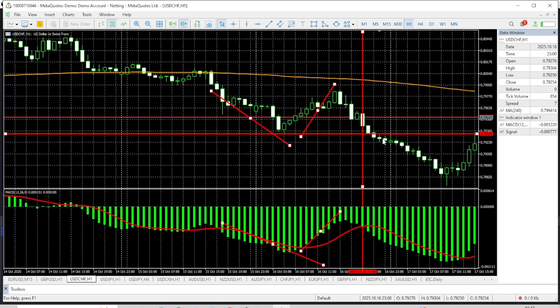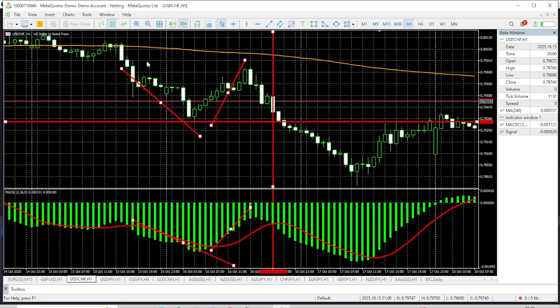Now, where do we put our stop loss or take profits? In our earlier video, we said that our initial protective stop, which is the first stop you place when you just place your trade, should be above the EMA 240.